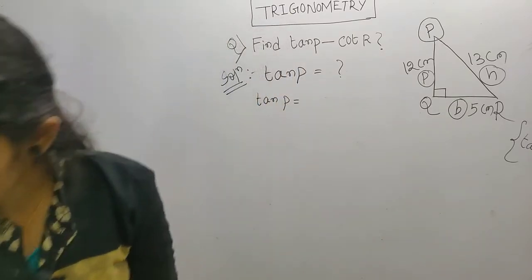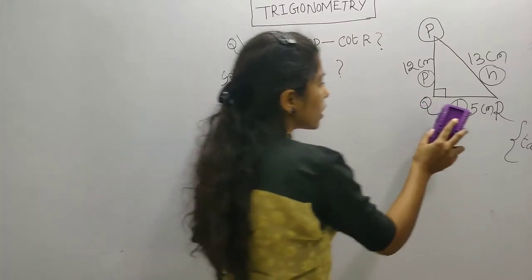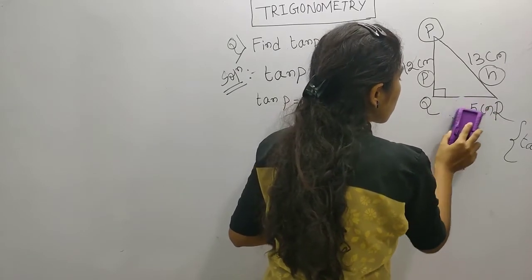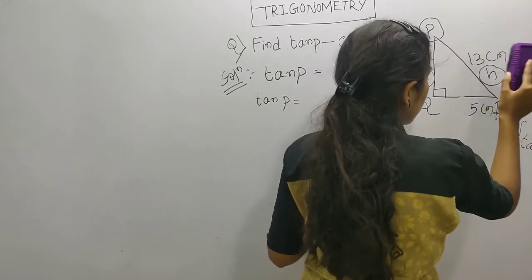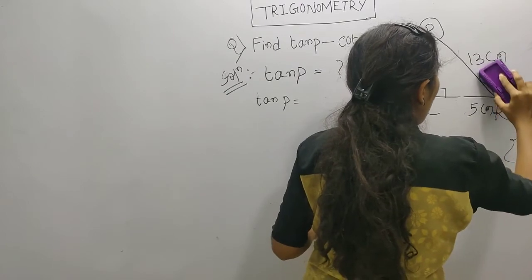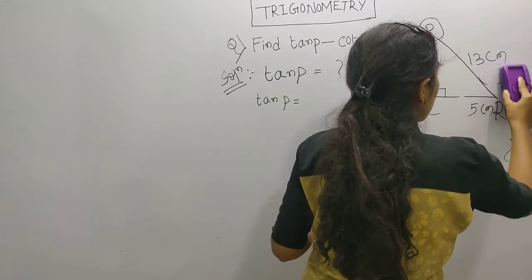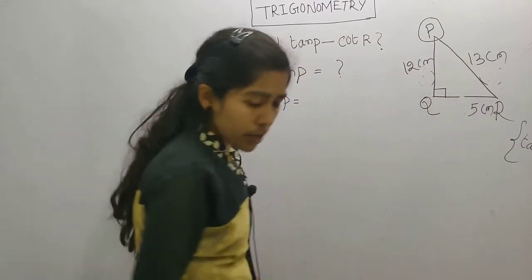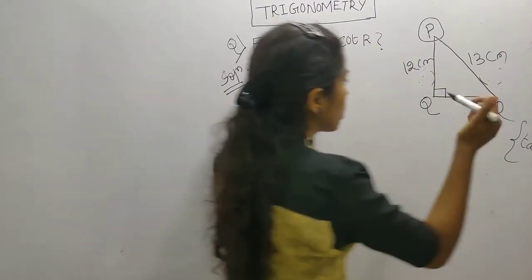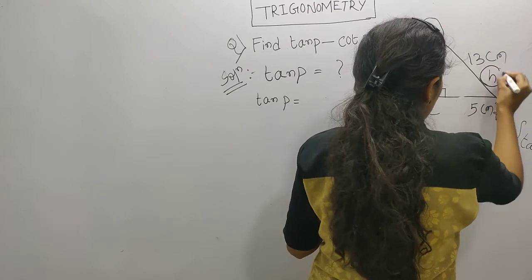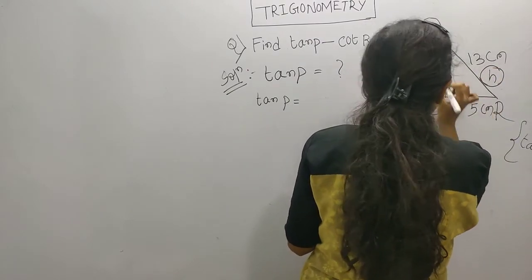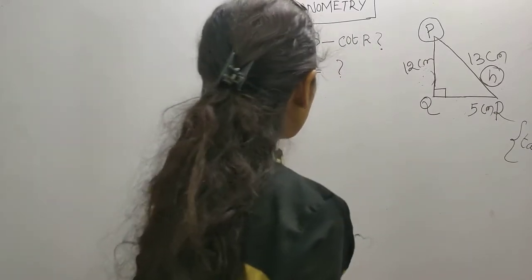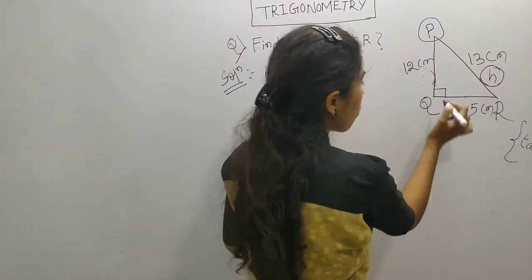Wait, first we will show it in the triangle, then you will not be confused. H will be constant, na? I have erased that one, no problem. This is constant. Now what I said, for tan P, which is the perpendicular?